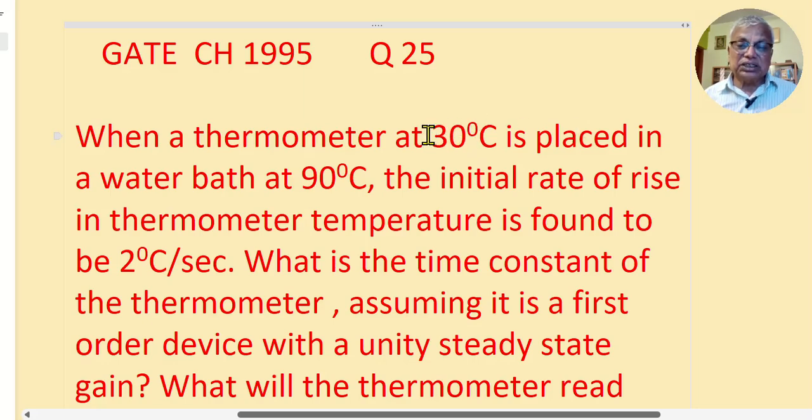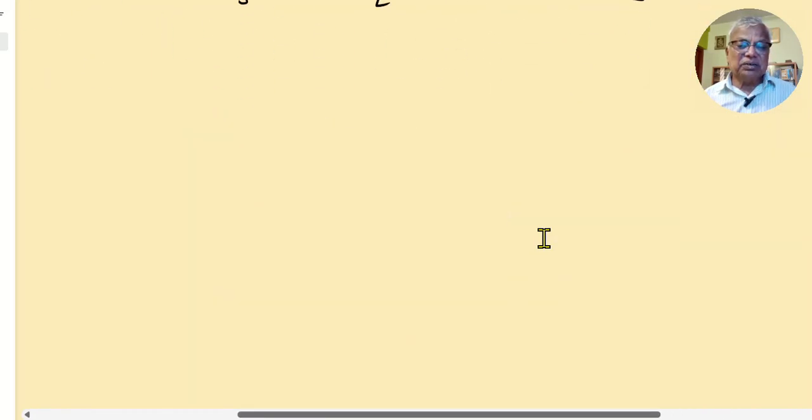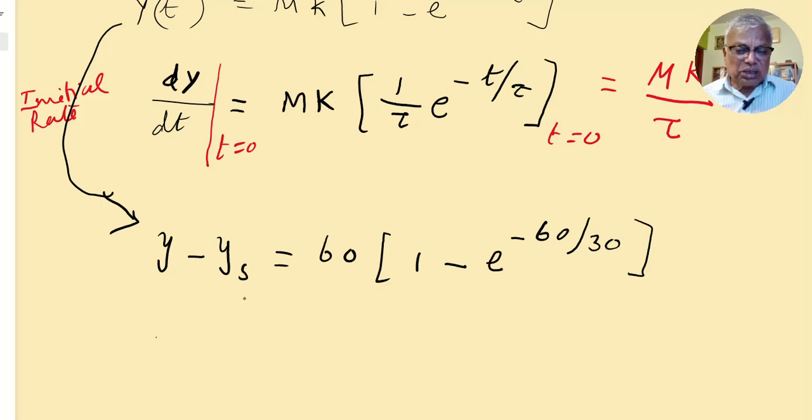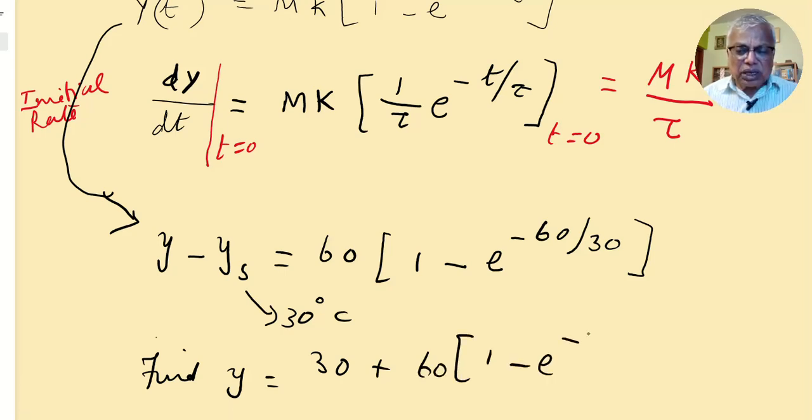Initial ys as well as xs is 30 here. So y equals 30 plus 60 into 1 minus e power minus 2.